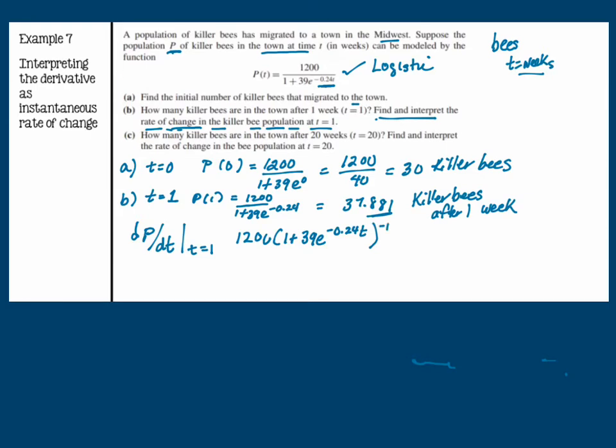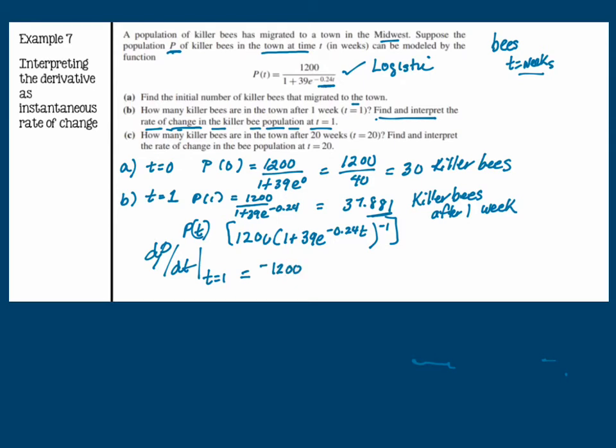Don't forget that. This is just a rewrite of P of t. So dP/dt at t equals 1 is the derivative of this. It'd be negative 1200, right?